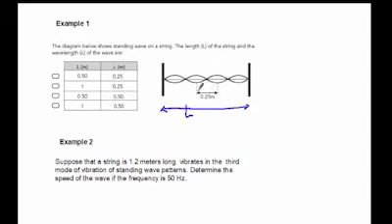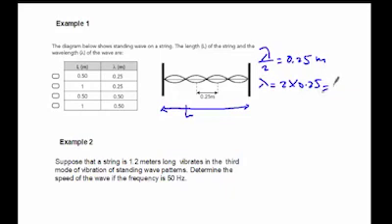Here you have the separation between two adjacent antinodes, which forms half a lambda. So half a lambda equals 0.25 meters, so lambda is equal to 2 times 0.25, which is 0.5 meters.